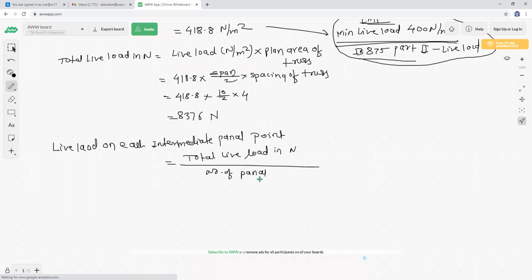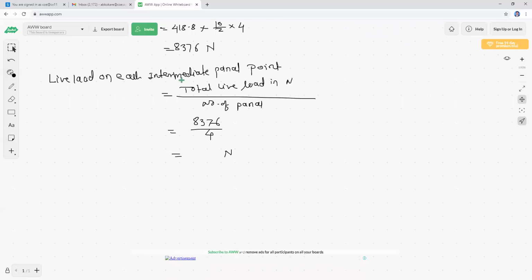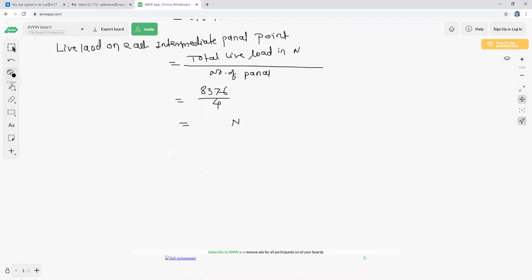So how many number of panels we have assumed? So this is 8376 divided by number of panels are 4. So total live load on each intermediate panel point, how much? 2094 Newton. Correct.